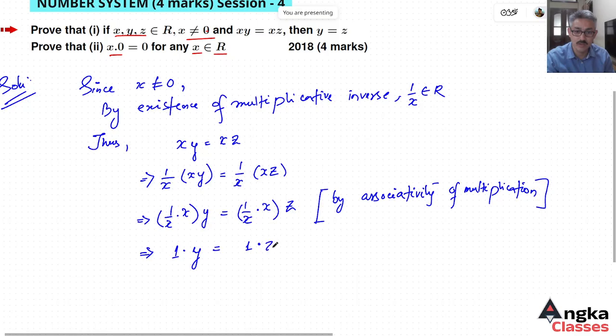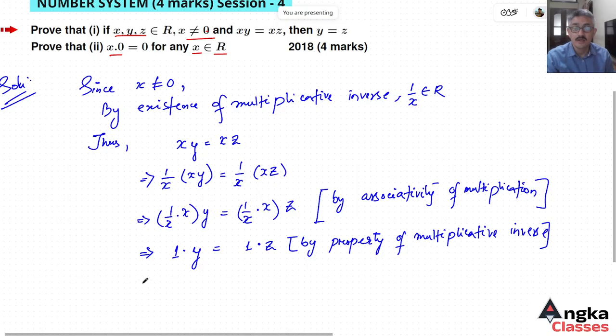Similarly, 1 into z, this is by property of multiplicative inverse. And the latter portion: 1 into y is equal to 1 into z is equal to z, by property of multiplicative identity.